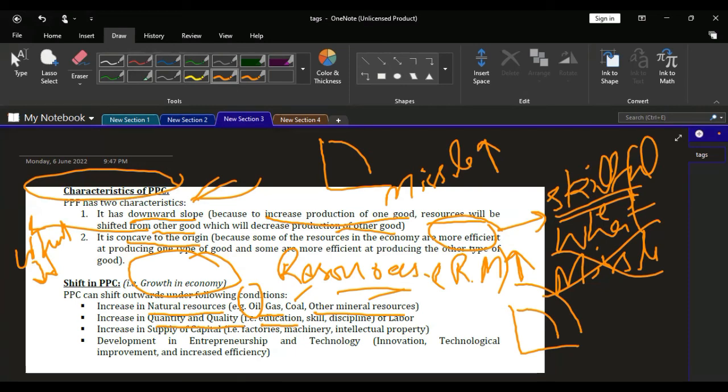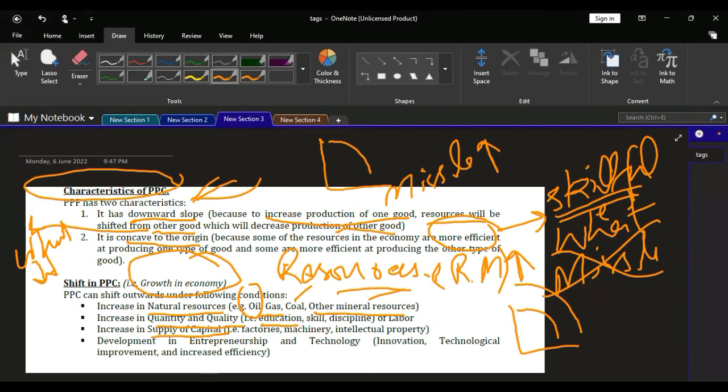Therefore the government and other institutions set aside more and more resources towards such goods which are more beneficial for society. Increase in supply of capital. Sometimes the capital, or the man-made resources, that is machinery, increases. Due to the increase in machinery, the production level also increases. You produce more units of missiles as well as more units of wheat.